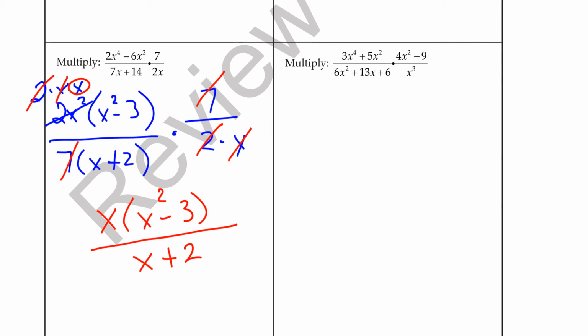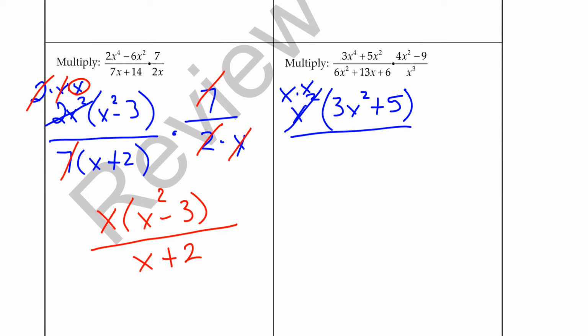Let's go over here and start factoring. In this numerator, there is a GCF of x squared. And we have left 3x squared plus 5. And again, I really think that I'm going to tear this x squared apart and make it x times x.